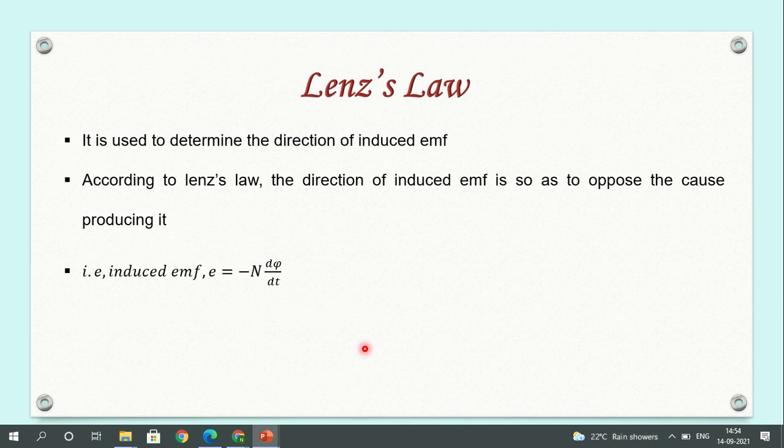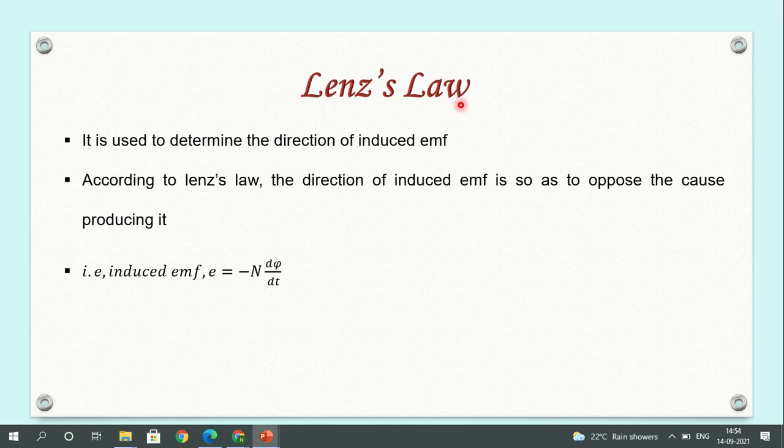Now there is another law known as Lenz's law, which is used for determining the direction of induced EMF. We got the magnitude of induced EMF by applying Faraday's second law, and we also need to know in which direction this EMF acts.